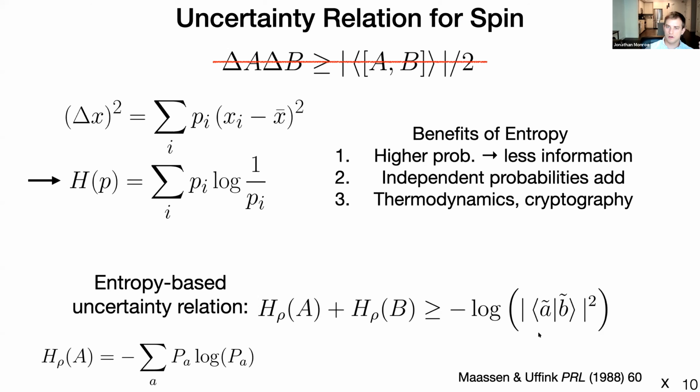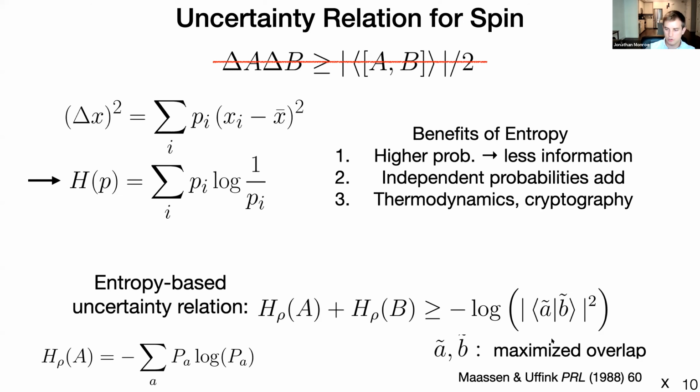And then the bound here doesn't depend on a commutator, but it depends on this overlap between two eigenstates of the two measurement operators A and B. And we choose A and B tilde so that the overlap here is maximized.